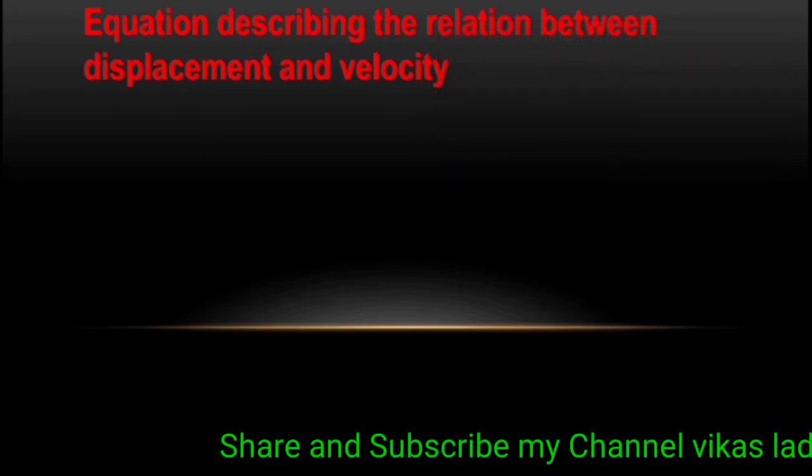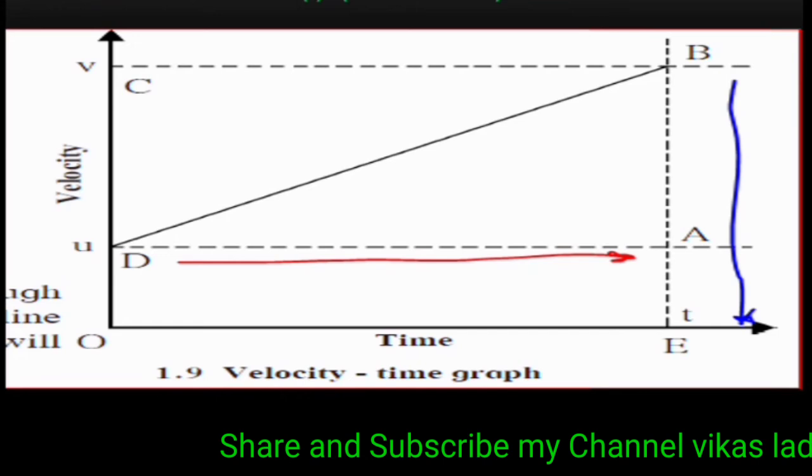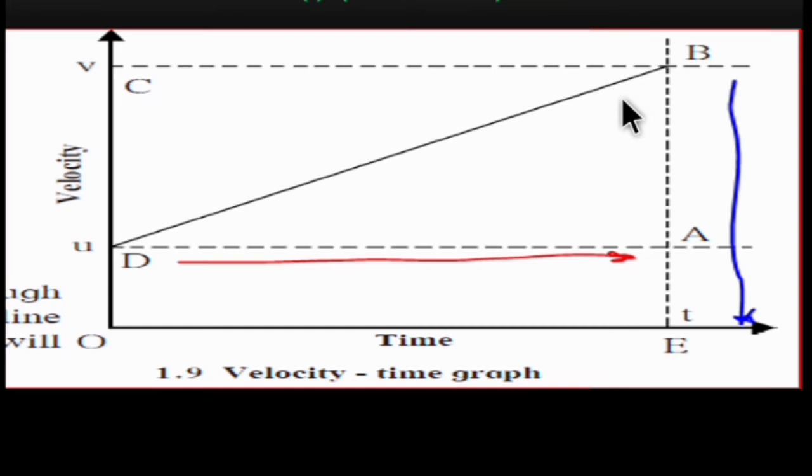Equation describing the relation between displacement and velocity. We have seen that from the graph in figure 1.9, we can determine the distance covered by an object in time t from the area of the quadrangle DOEB. Actually, this quadrangle DOEB is a trapezium, so we can use the formula for its area.